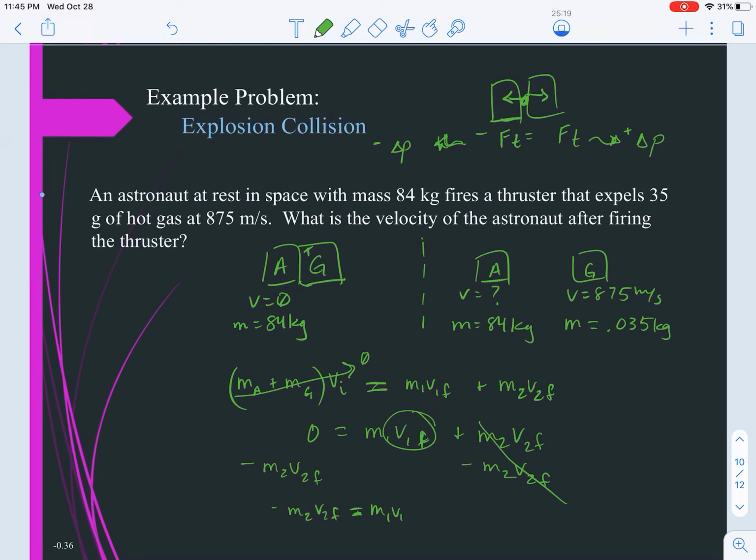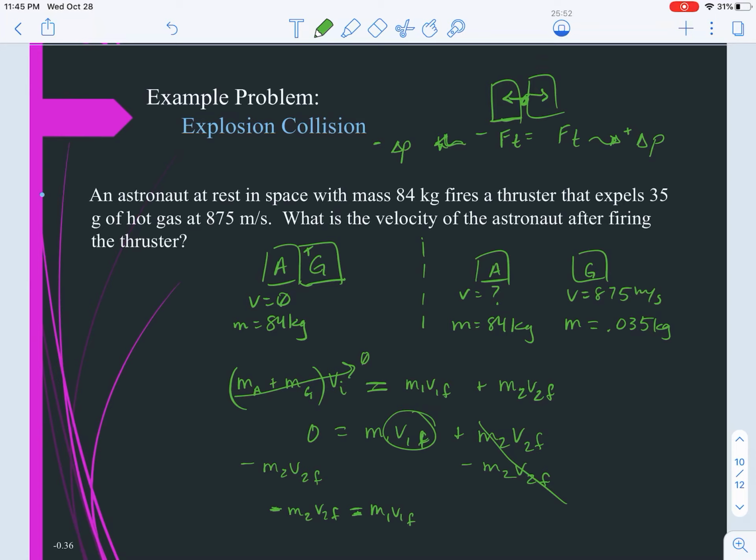Now here, what we are trying to show you is that their momentums are the same, but one is expressed as a positive value and the other is expressed as a negative value. And this is true because of Newton's third law: equal forces, opposite directions, same changes in momentum, opposite directions. They both were initially at rest, therefore the change in momentum that they experience will also represent their final momentums.